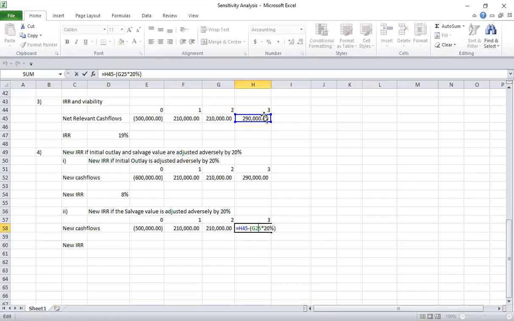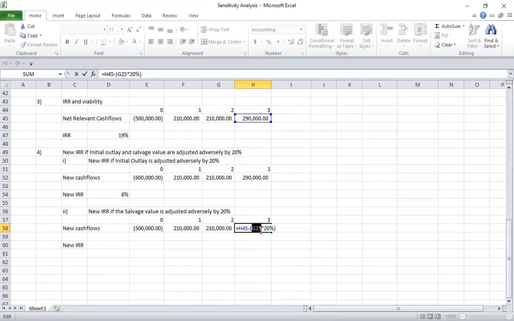So I took this period 3 total cash flow. It had included the salvage value. So what I've done is just to subtract 20% of the salvage value, which was 80,000 shillings. This LG25 is the salvage value from before, that 80,000 initially from the original question. So that's how I've computed that.